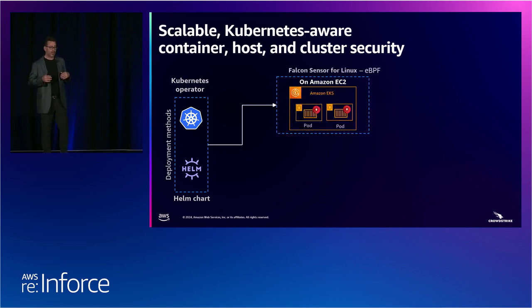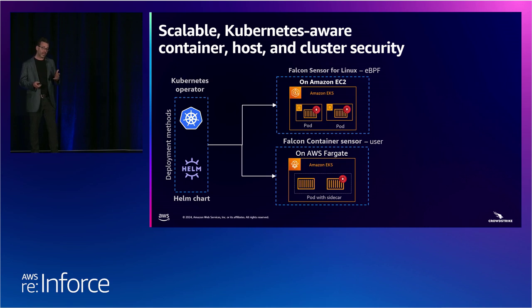And for ECS worker nodes, EC2 worker nodes, we deploy as a daemon set, so that for each new worker node that's deployed in order to handle scaling and capacity, we deploy a single pod using, again, the Kubernetes daemon set resource.